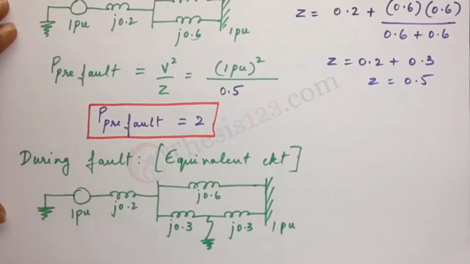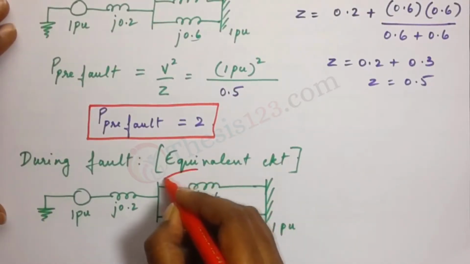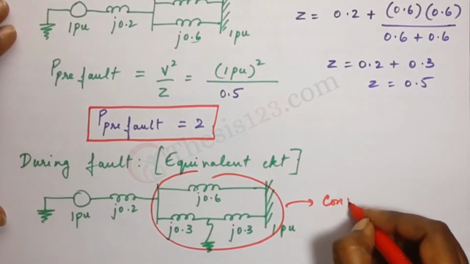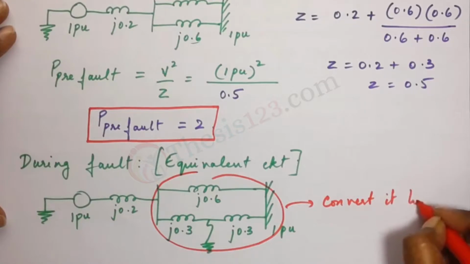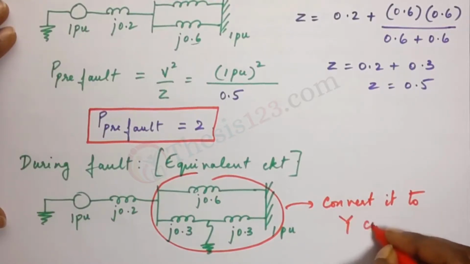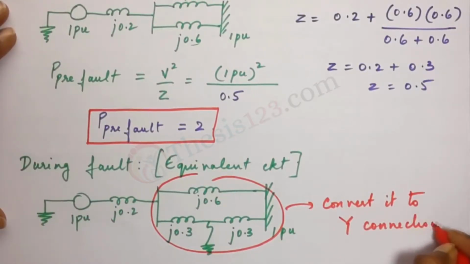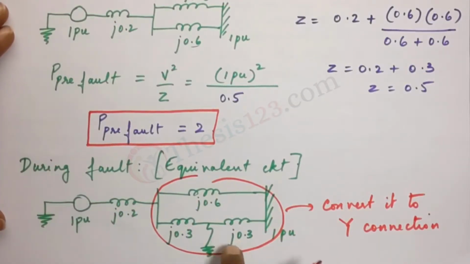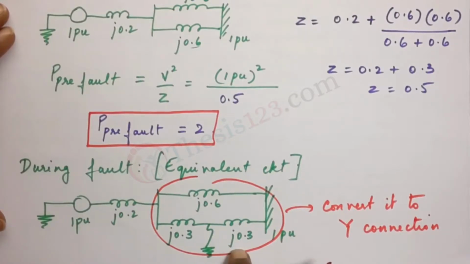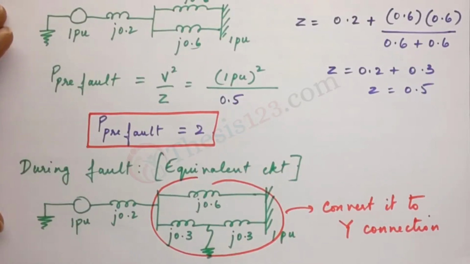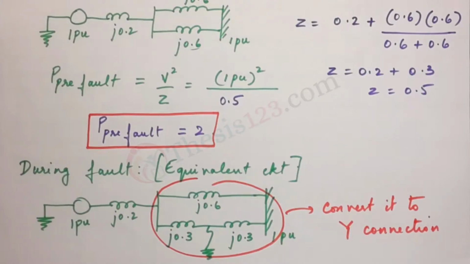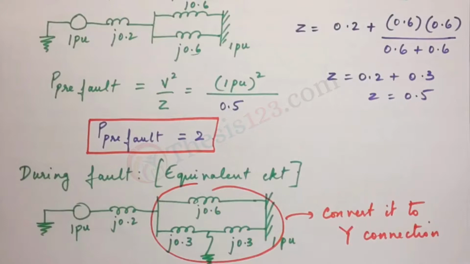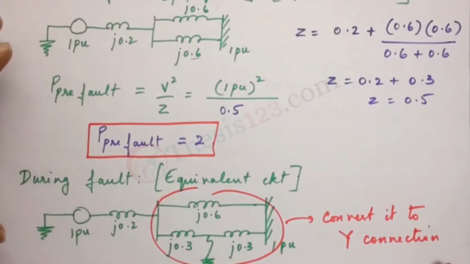The first thing is to evaluate this portion here and convert it to star connection, so we are trying to resolve this entire thing as much as possible. In order to do that, you will have to recall the basic formulas of conversion of delta to star and then star to delta. I'll put it down here.